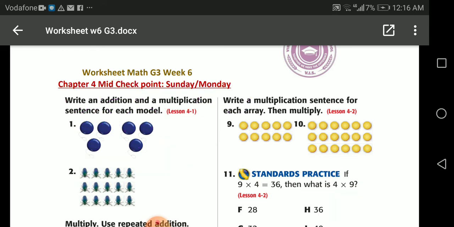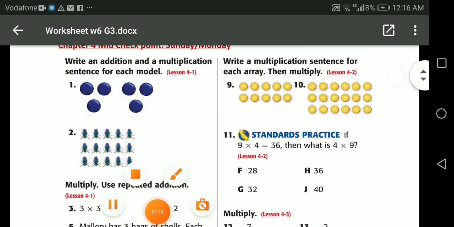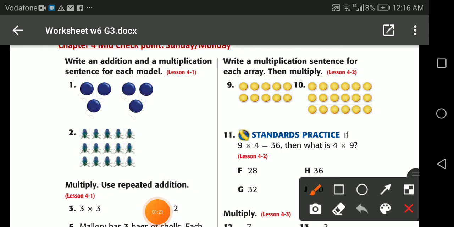What about the second one? I have here 1, 2, 3, 4, 5. These 5 ants are repeated how many times, meaning appeared how many times? How many groups do I have here? I have 3 groups.